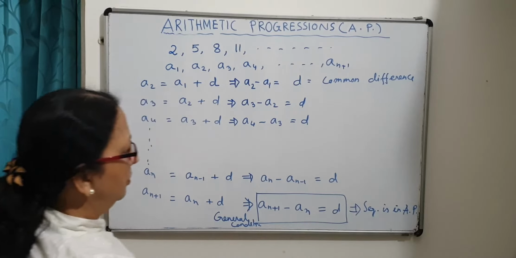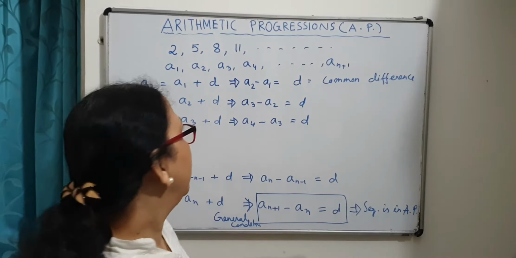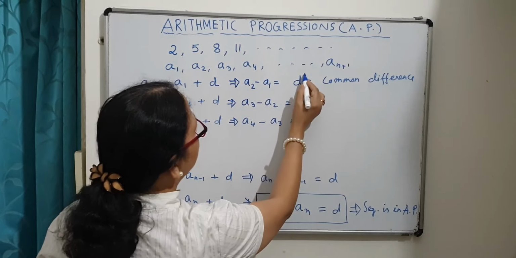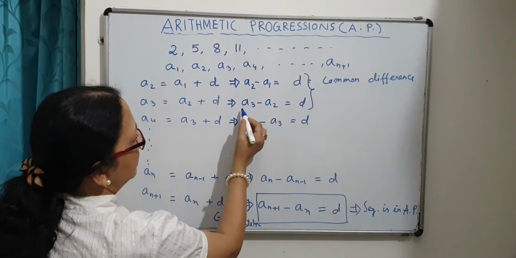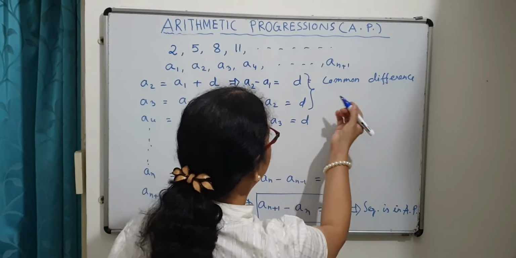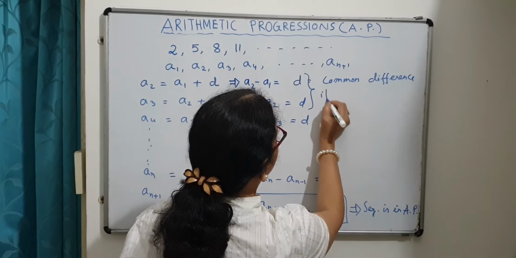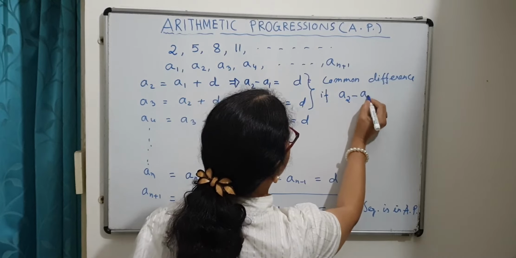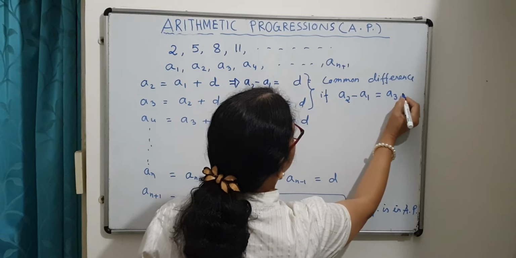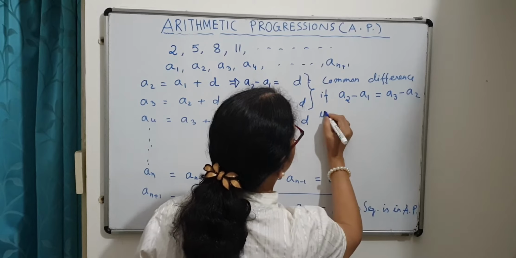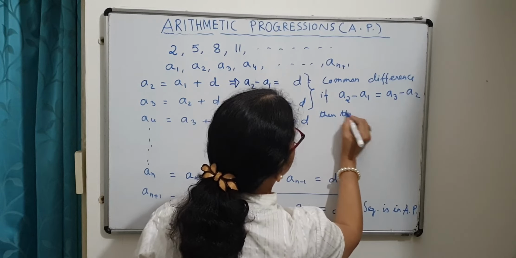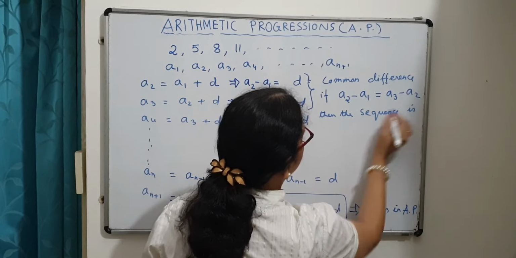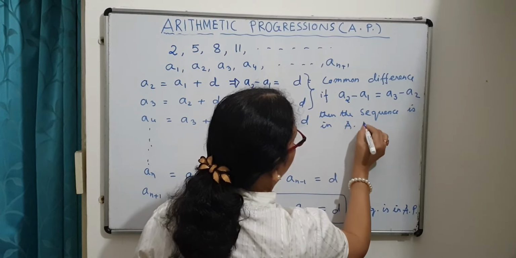This is the general condition for a sequence to be in AP, but in particular we can look at these two also. That is, A2 minus A1 is D, and A3 minus A2 is also D. So if A2 minus A1 is equal to A3 minus A2, then the sequence is in arithmetic progression.